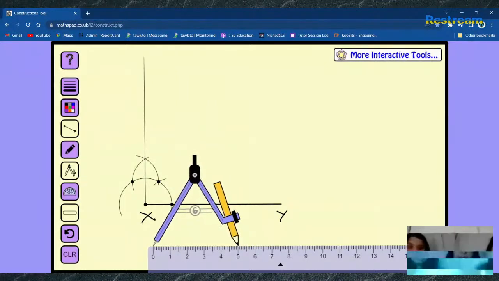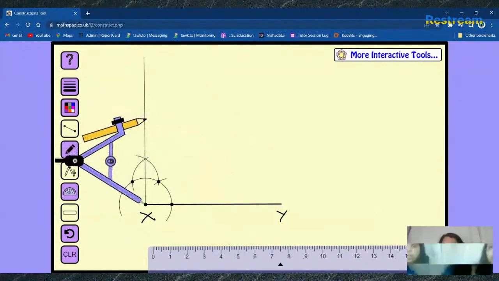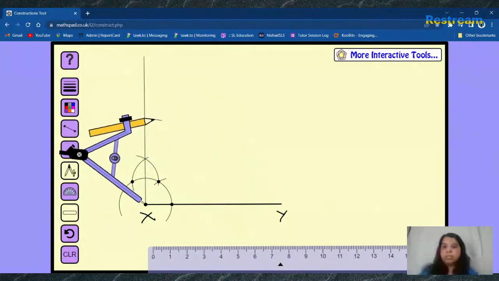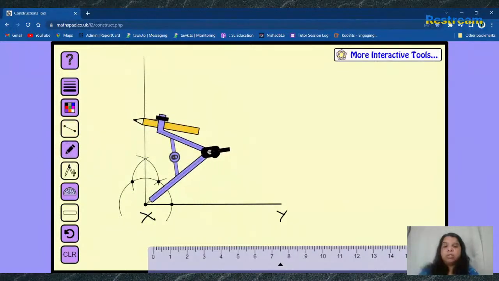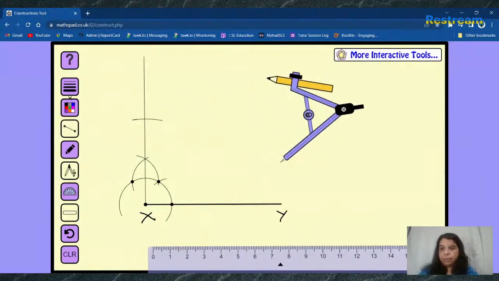That mark of the compass is very important. So bring it here, take it here, and just mark your 5 centimeters. So this is my point Z, and this is XZ.